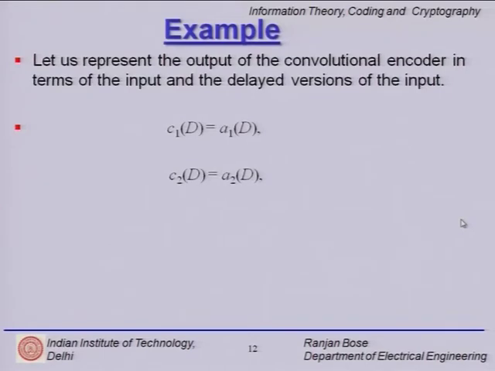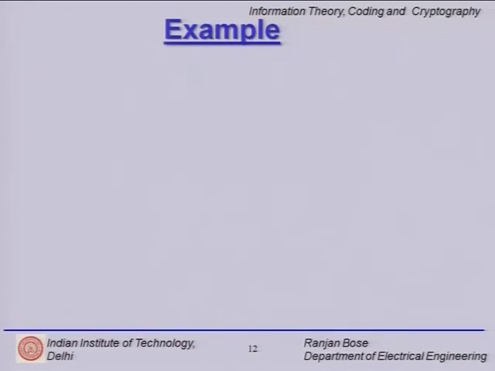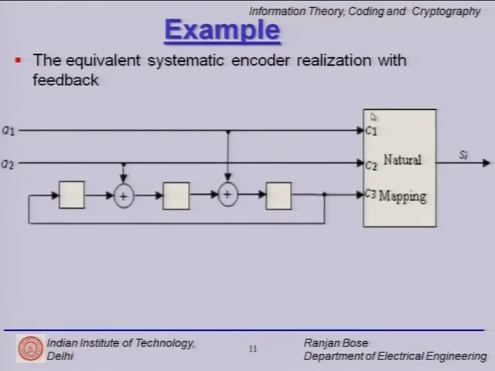The other way to visualize this is in terms of the delay versions. If you look at just the first, C1 is directly A1, and C2 is directly A2, but C3 is A1 with 1 delay, and then A2 goes through 2 delays, and the sum goes through 3 delays.